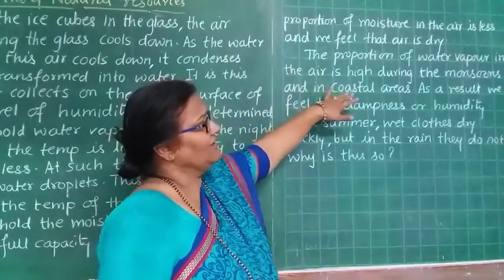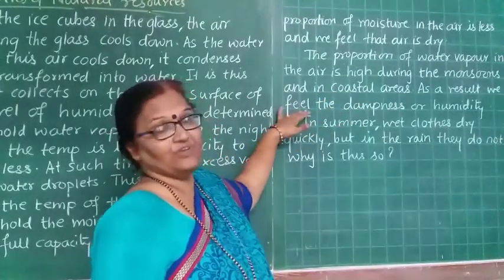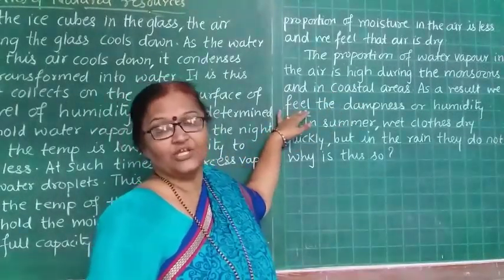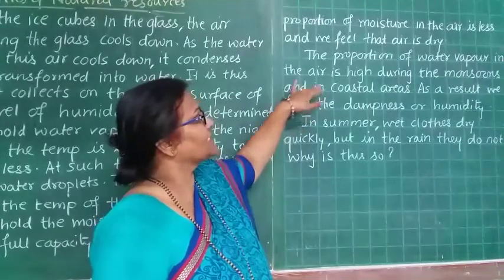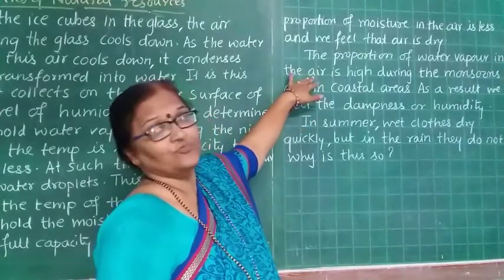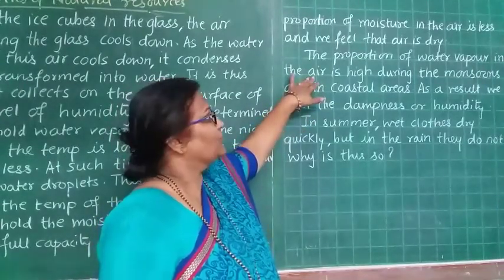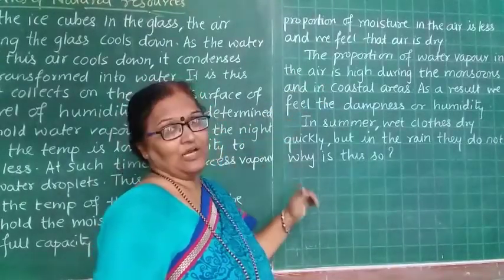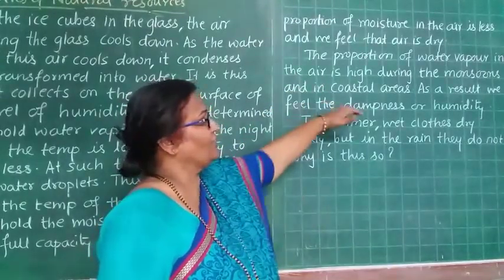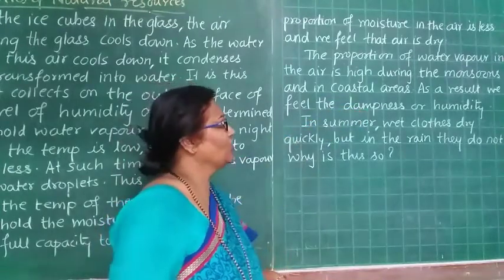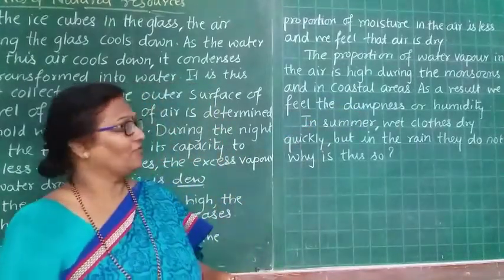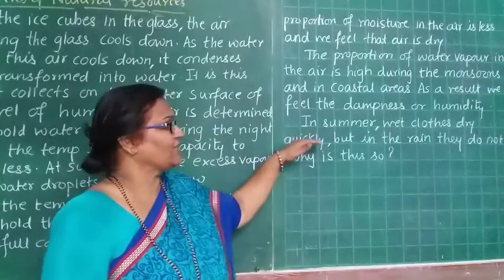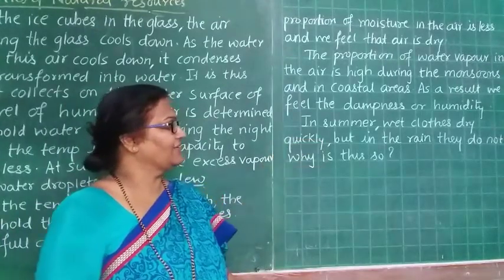in coastal areas. As a result, we feel dampness or humidity due to the presence of more water vapor in the air, and the amount is very high, therefore we feel dampness or humidity. In summer, wet clothes dry quickly, but in rain they do not.